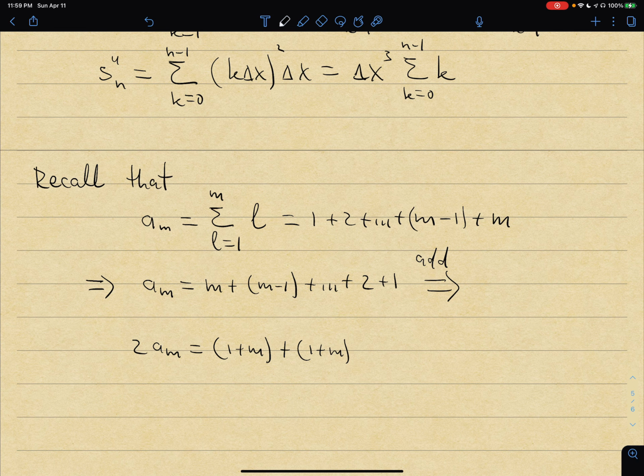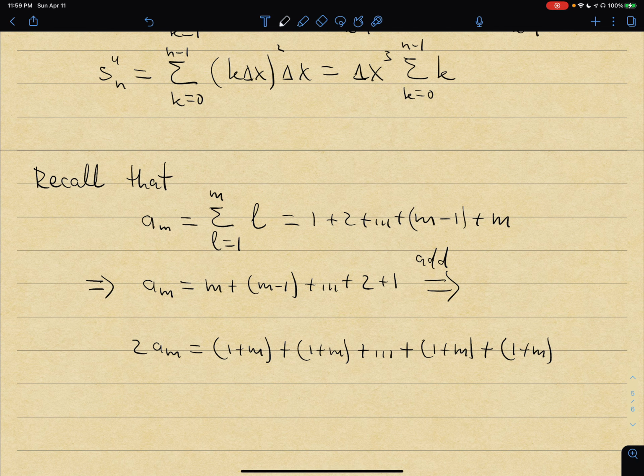Then it will be 3 plus m minus 2, that is again 1 plus m. And you continue like this. Next to the last term is m minus 1 plus 2, that's again 1 plus m. And finally, the last term is m plus 1, so it's again same thing as 1 plus m.